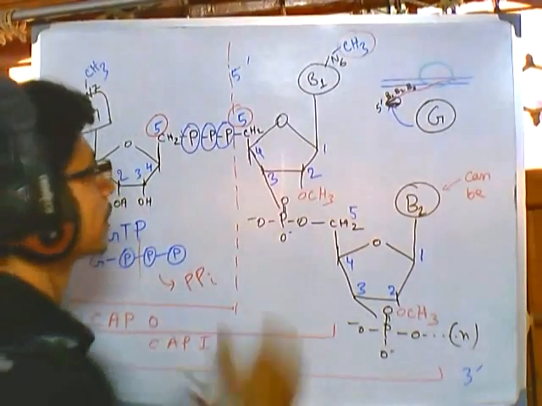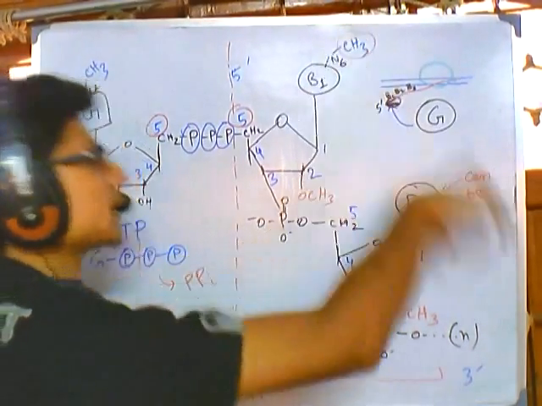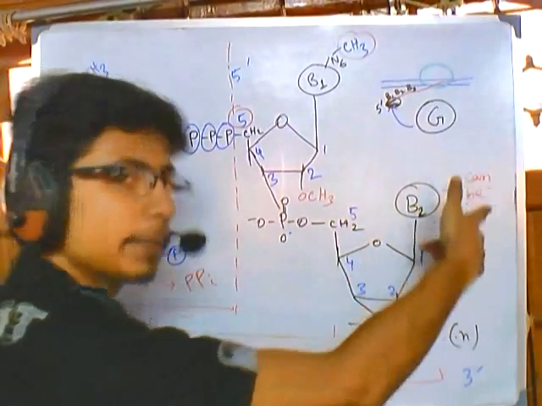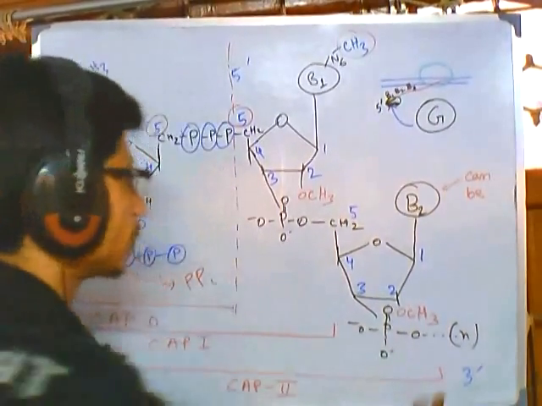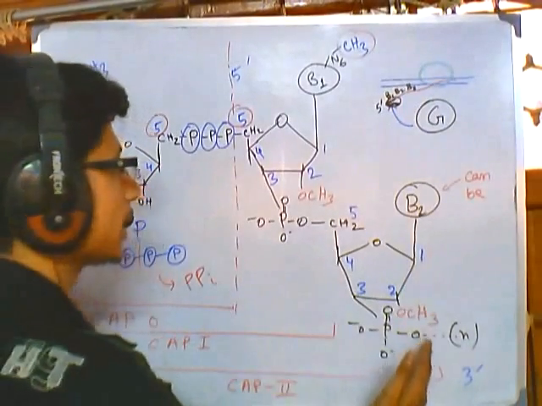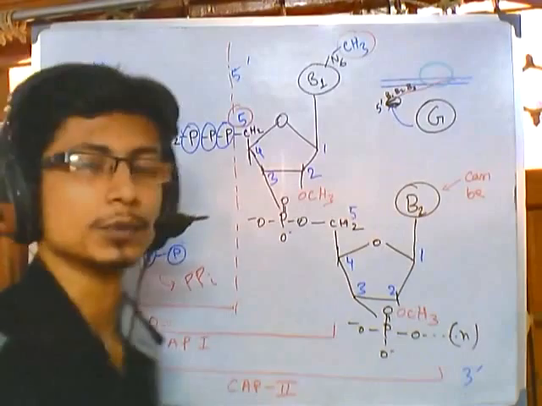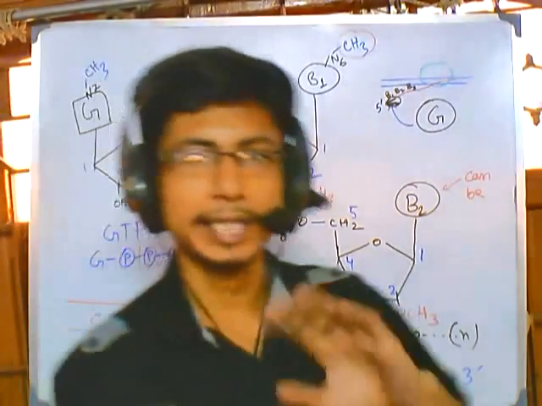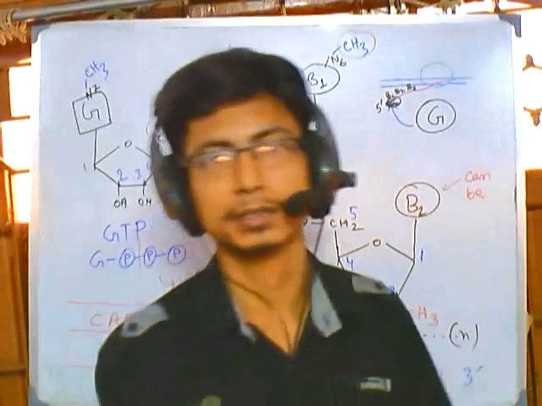Now if the modification is cap 0, then the N6 methylation of the first base and obviously the N6 methylation of the second base, all these things happen and can be seen, then we can say this whole thing is being capped, and this whole structure will be called cap 2. Usually capping is restricted to the first 2 or 3 bases.